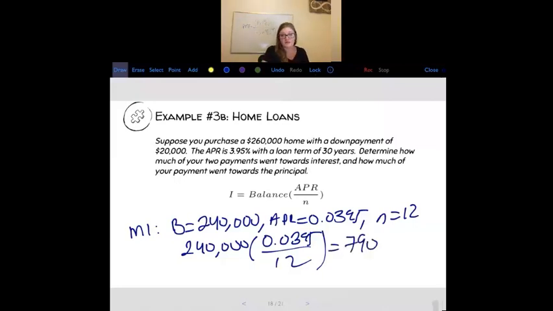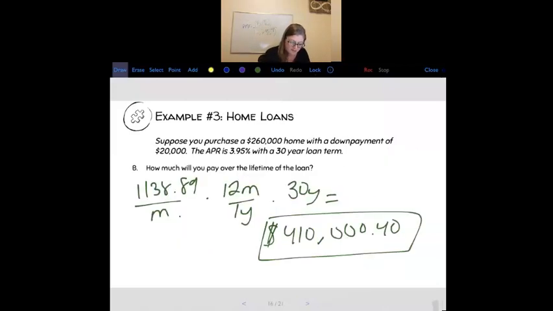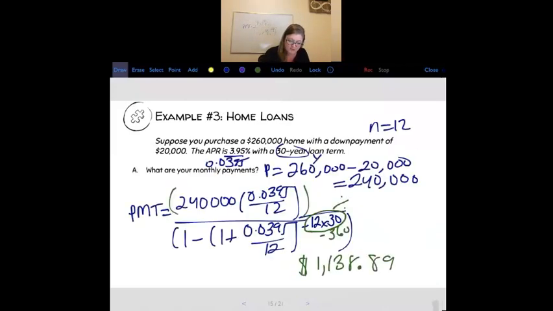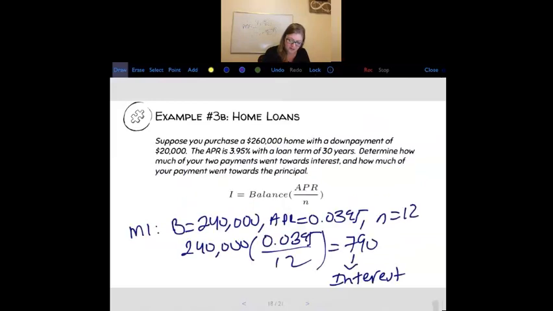So $790 went towards interest. If you remember from a previous portion of the problem, we found out that our monthly payments were $1,138.89. So the rest of that, from $790 to get to $1,138.89, went towards the principal.